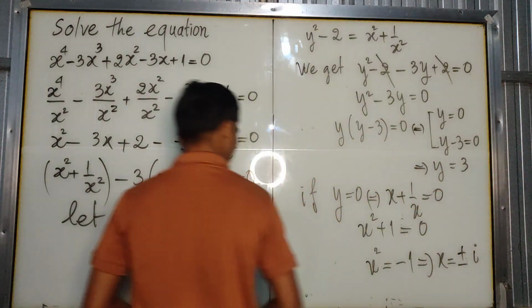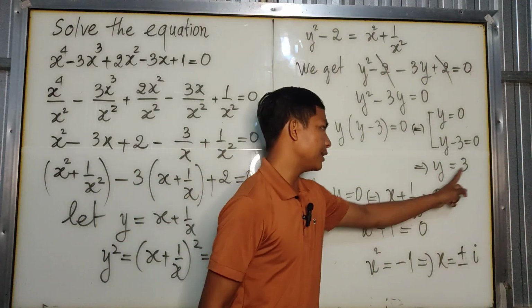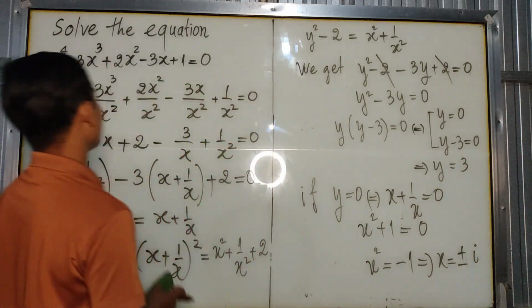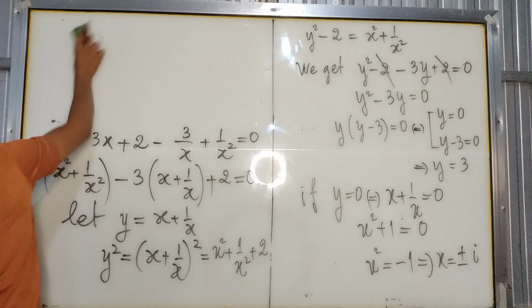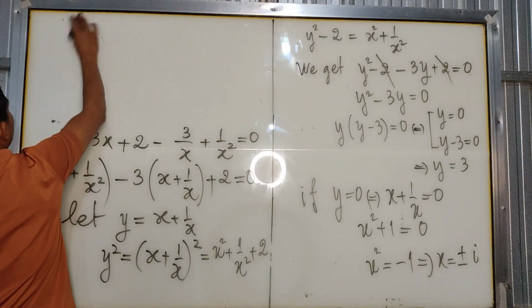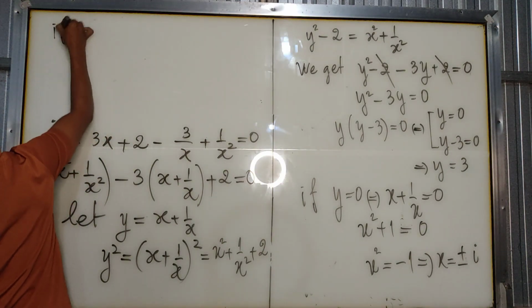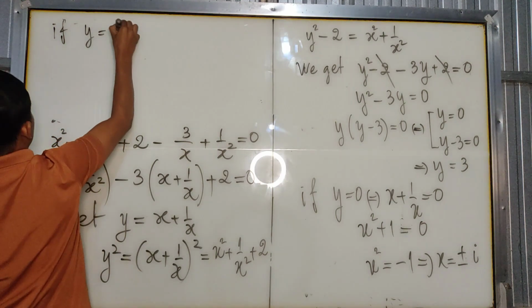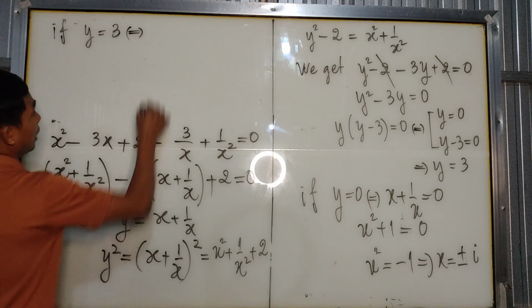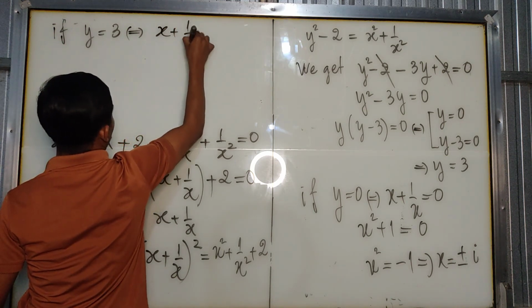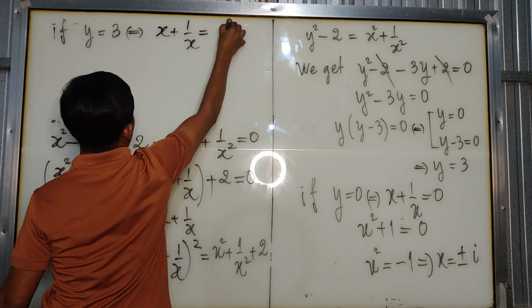And now y equals 3. If y equals 3, we get x plus 1 over x equals 3.